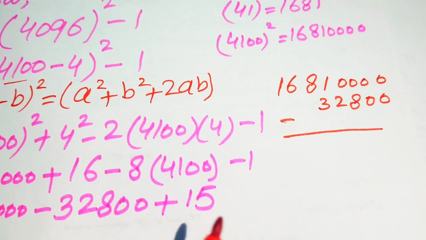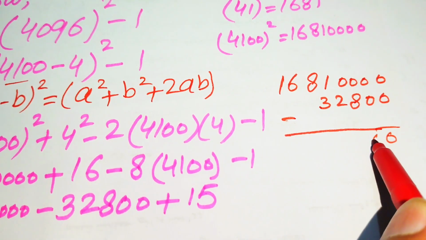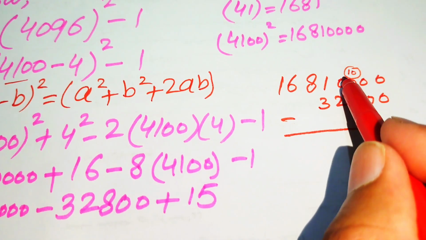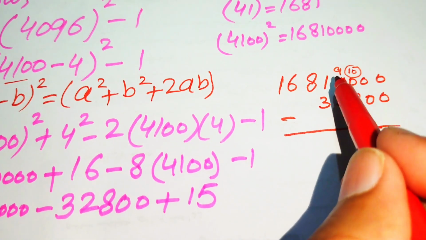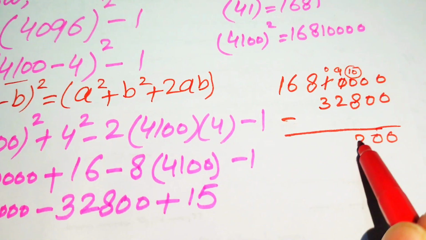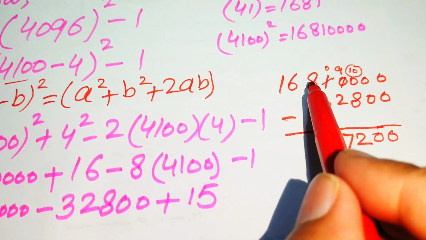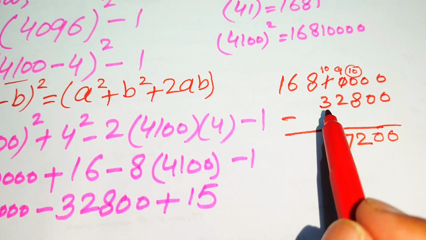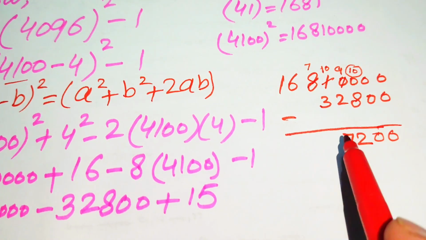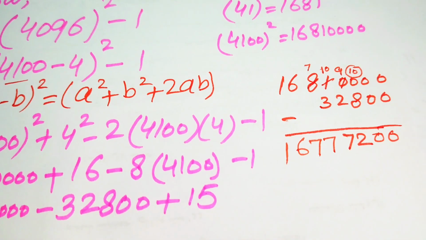Because we use the traditional method, 0 minus 0 becomes 0, and 0 minus 8 is not possible. So we borrow 10 and carry 1 here, so this becomes 9 and this becomes 0. So 10 minus 8 becomes 2 and 9 minus 2 becomes 7, and because 0 minus 3 is not possible, we carry 1, it again becomes 10, and this becomes 7. So 10 minus 3 becomes 7, and this is also 7, 6 and 1.